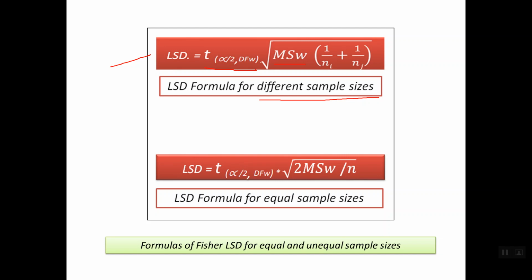In case that Ni is the same as Nj, which means that we have equal sample sizes, the formula we are using to calculate the value of the LSD is the below one. So LSD in this case, we have a value of T, and this is multiplied by the square root of 2 times mean square within divided by N, and N in this case is the sample size for one of the groups.